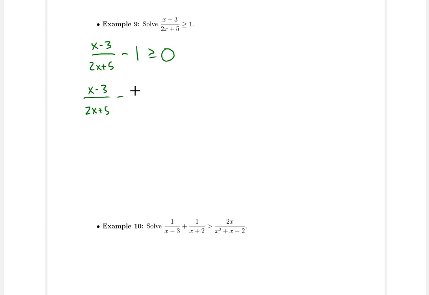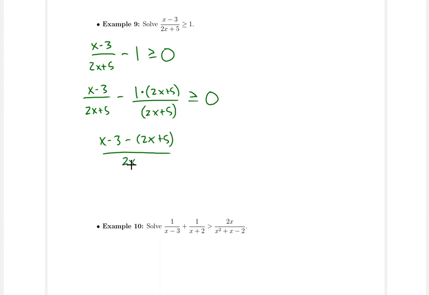So I'm thinking, okay, this is 1, and I'm going to multiply by 2x plus 5 on top and 2x plus 5 on bottom. And then that allows me to combine these into this single fraction.